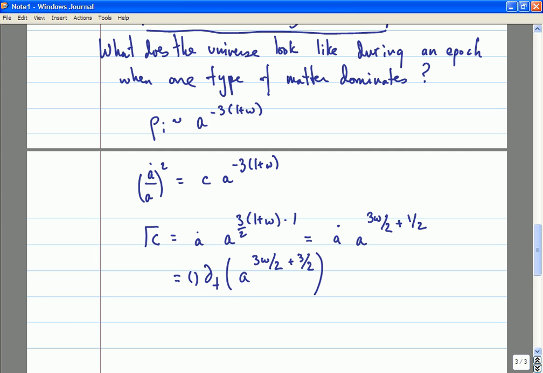So what this says is that a to the 3(w plus 1) over 2 is equal to some constant. Okay, this is now a different constant from the one I wrote above, times t minus t naught, where t is the time variable and t naught is some constant of integration.